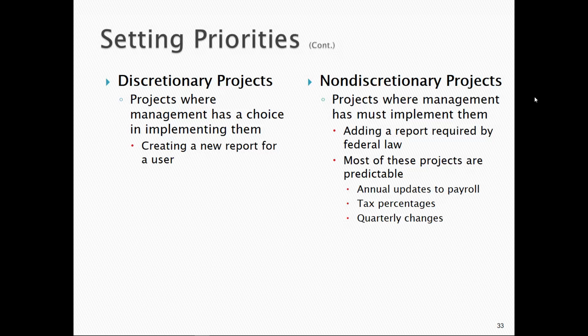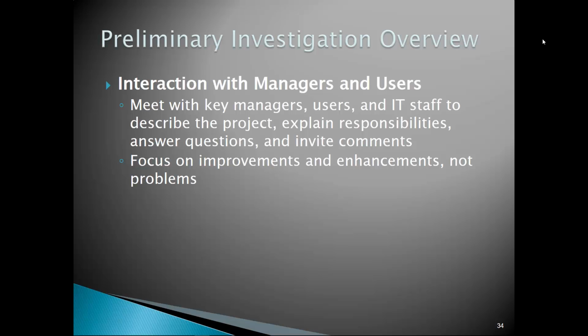Non-discretionary are those projects that we're required to do. So these could be those by federal law, by state law, annual updates to tax information, quarterly changes, pay taxes, for example, keep better records of our taxes so we're paying them correctly. Those are all things that we just simply have to do as we conduct business.